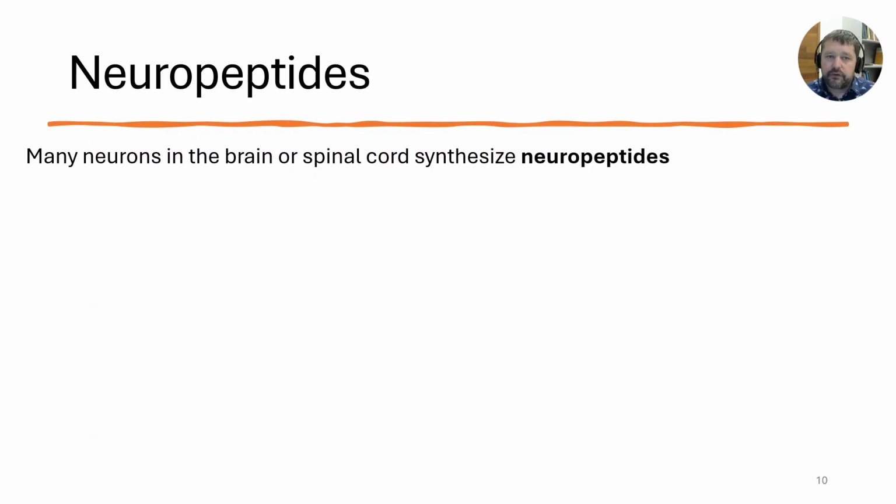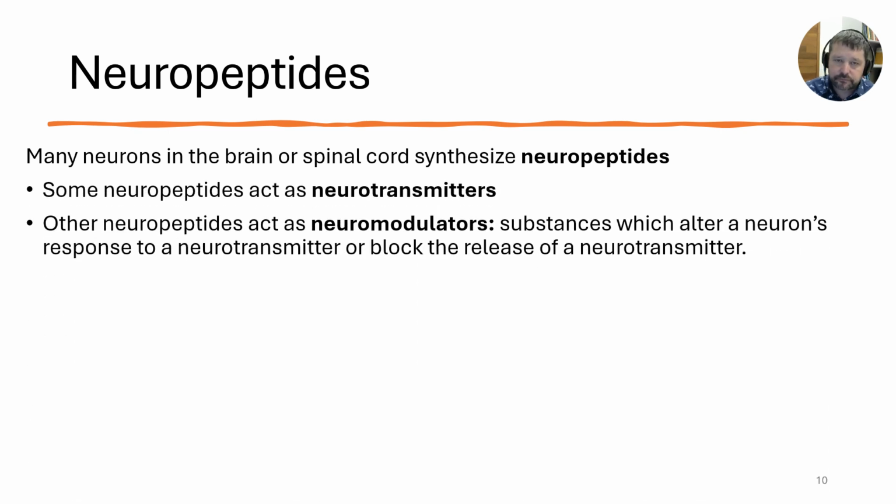All right, neuropeptides. These are synthesized in the brain and the spinal cord. They can be transmitters, or they can be modulators. A modulator is not an inhibitor.